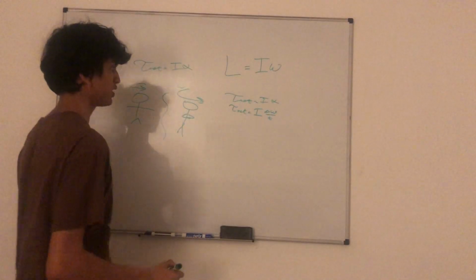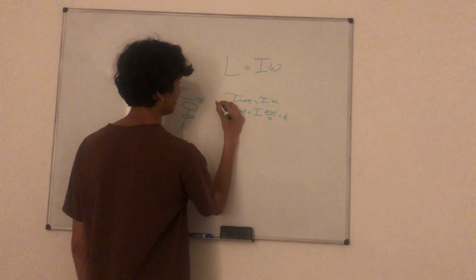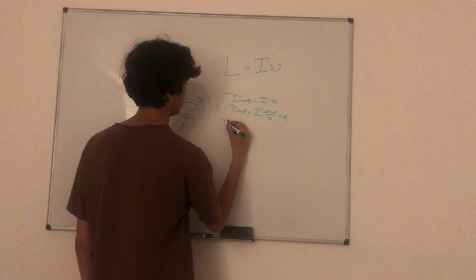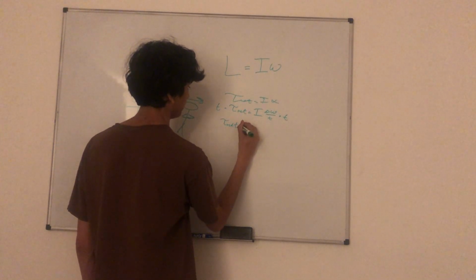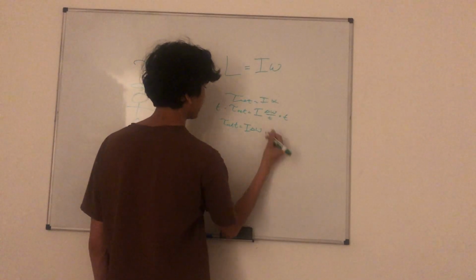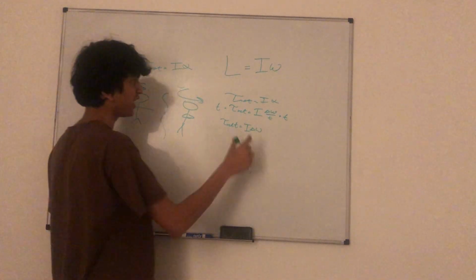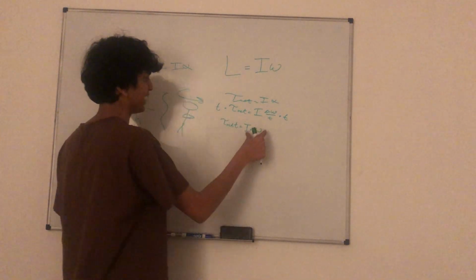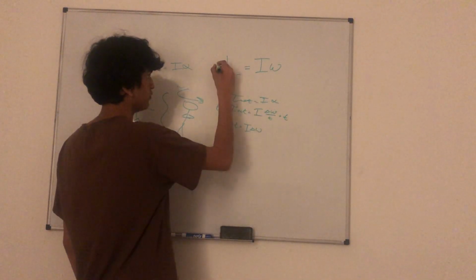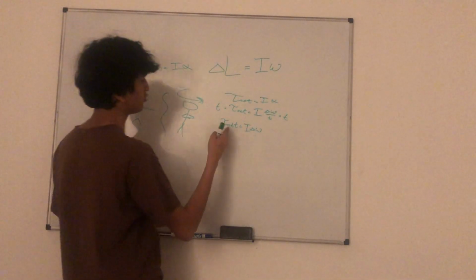Now, if we multiply both sides by time, you get torque net times time equals I times change in omega. So basically, I times change in omega, that's your change in angular momentum, is equal to torque net times time.